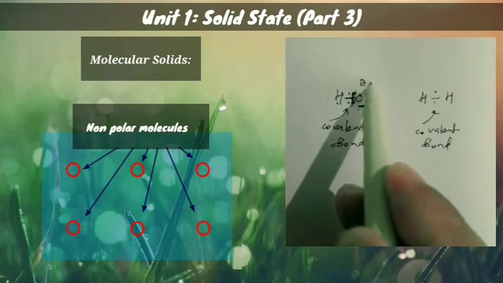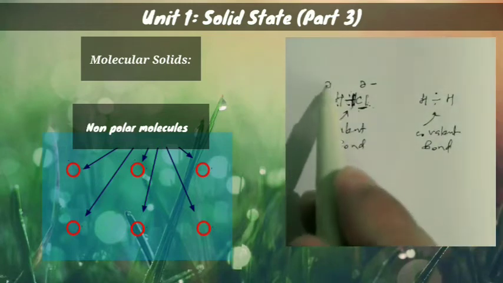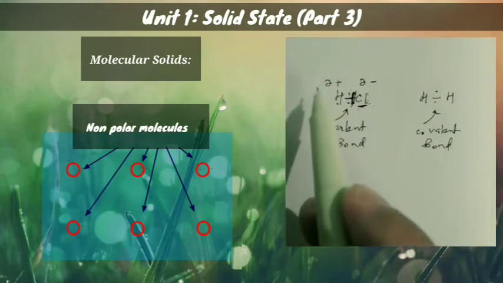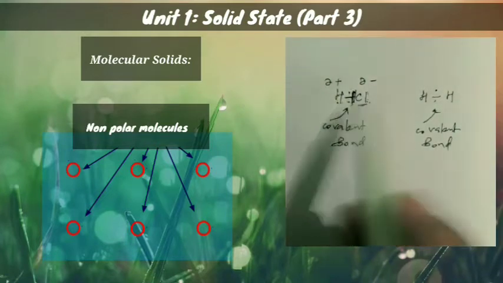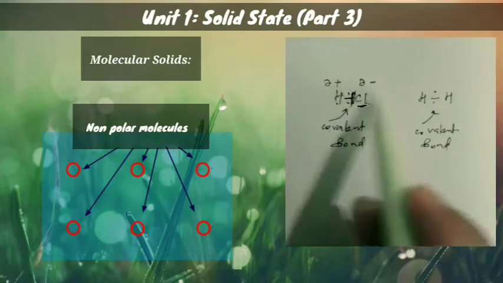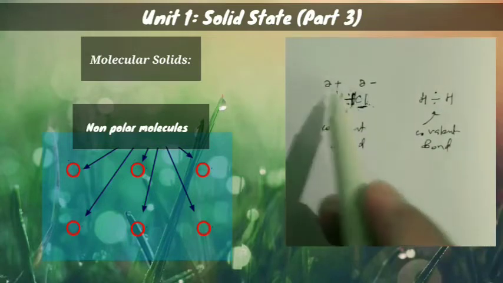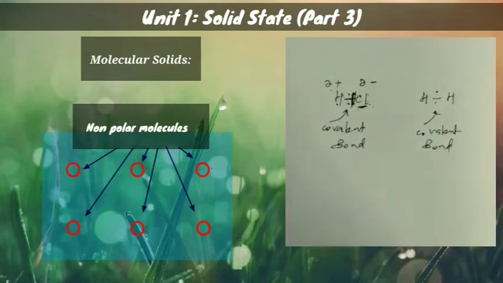It will become delta negative, and hydrogen becomes delta positive, because the electron cloud moves from left to right, from hydrogen to chlorine.